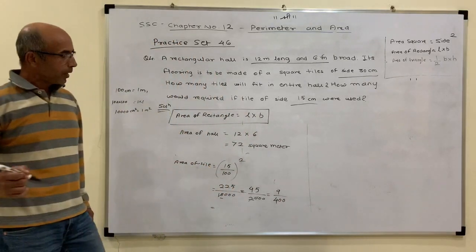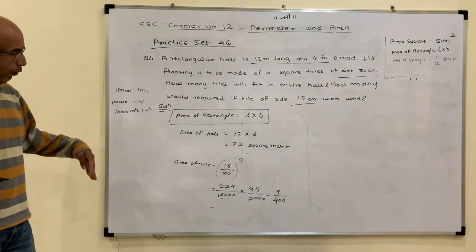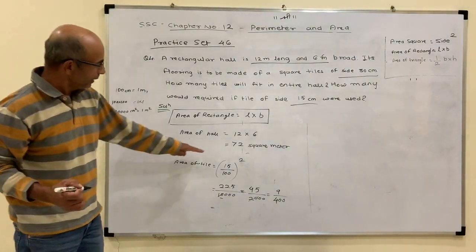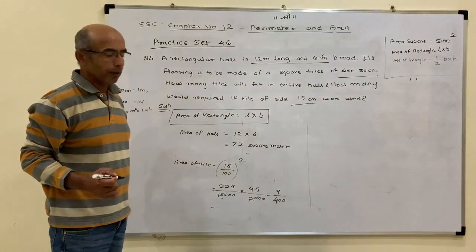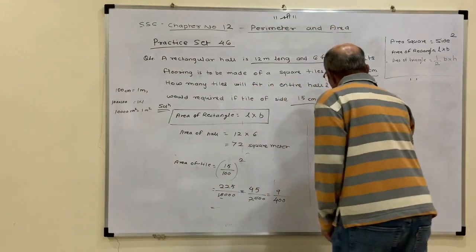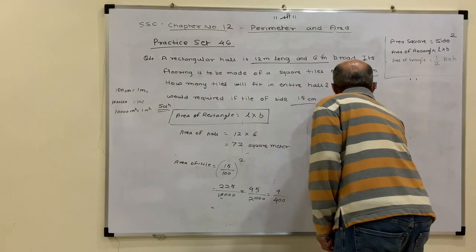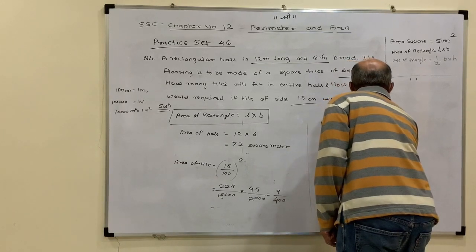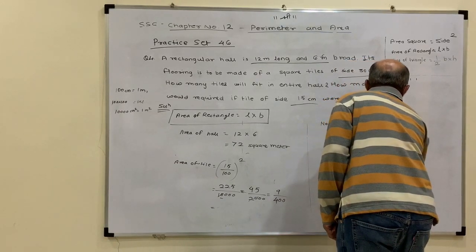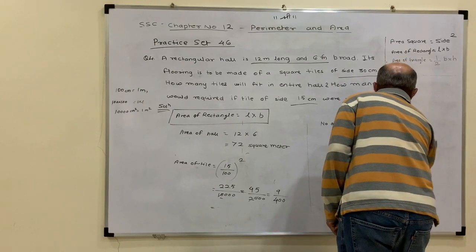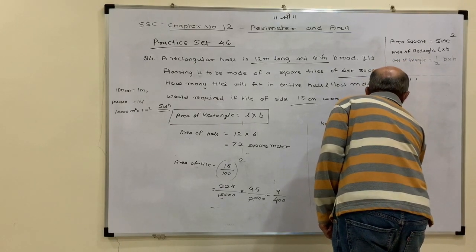Now we need to find how many such tiles will fit in this 72 square meter. So the number of tiles equals the area of the hall divided by the area of a tile.